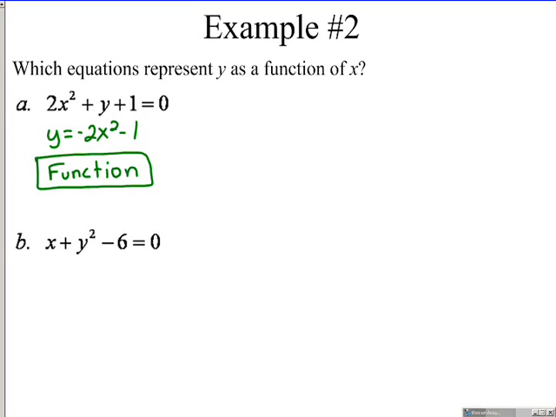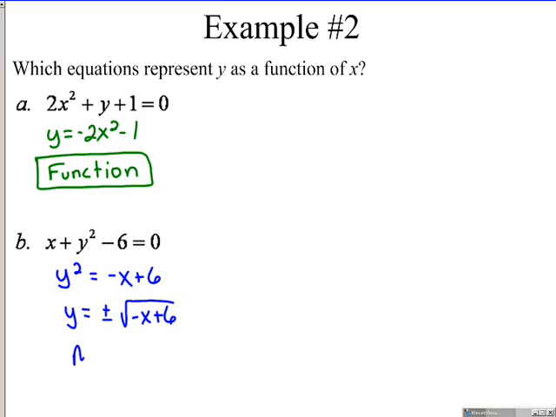Letter B. Solve this again for y. We get y squared equals negative x plus 6. To finish solving for y, we have to take the square root of both sides. Remember, when we take a square root within an equation, we have to consider the positive and negative values. So now you're asking yourself, does this equation represent a function?